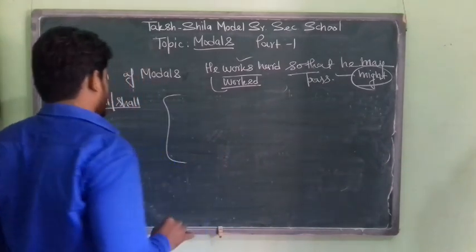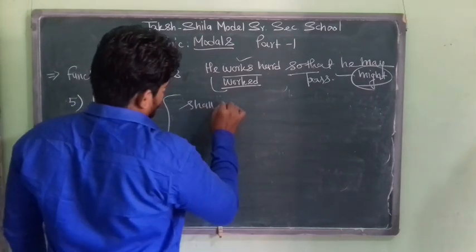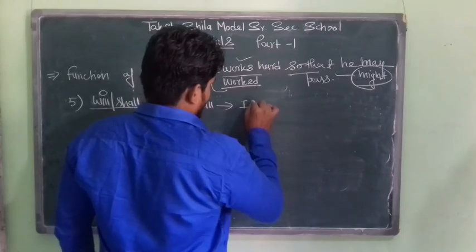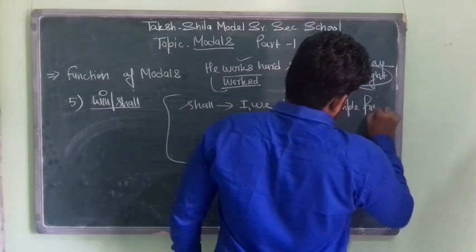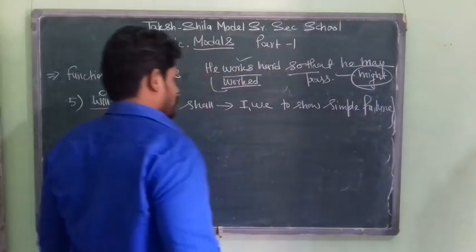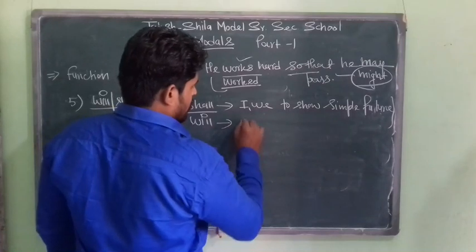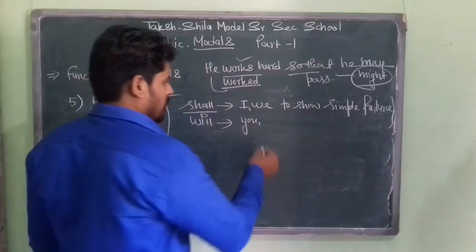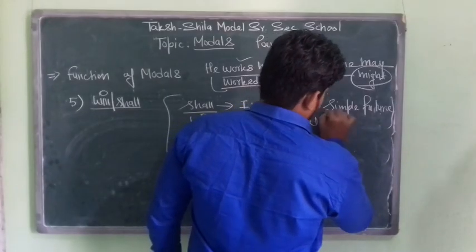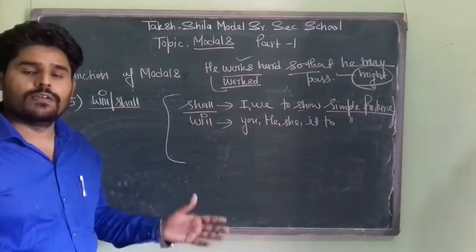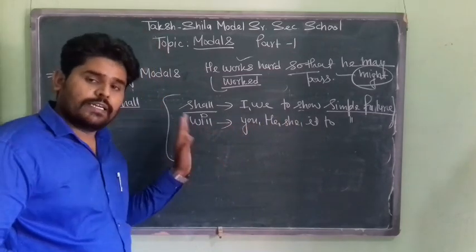So students, the very first thing that I want to tell you about will or shall is that we use shall with the first person I and we to show simple future tense, and we use will with the second person, that means you, and the third person, that means he, she, and it, again to show simple future tense.